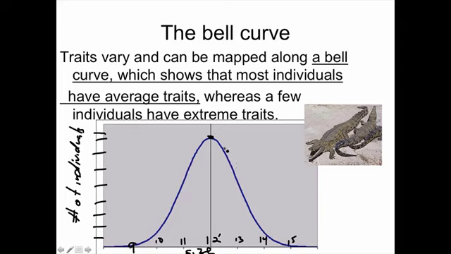Same thing as you move away. Maybe being bigger isn't good, so as you move away from the 12-foot range, being bigger means less likely to survive. So basically what we see here is that most individuals will always fall into the average range because that is the best version of the trait to have right there.